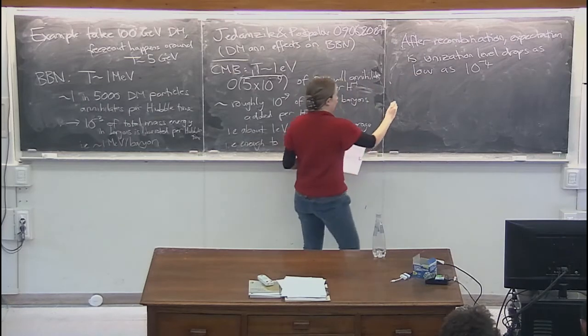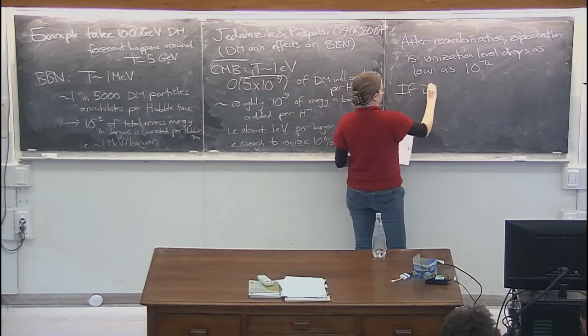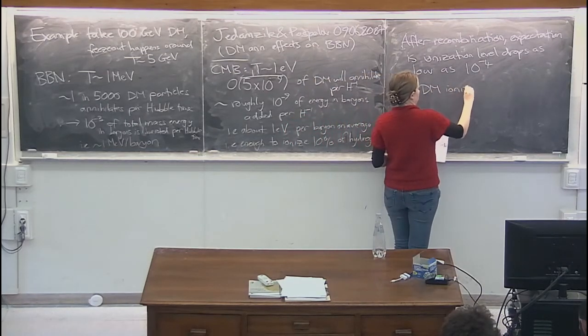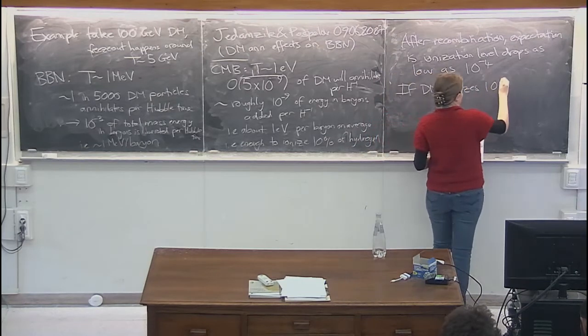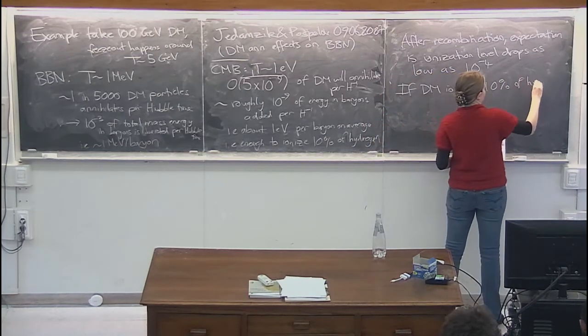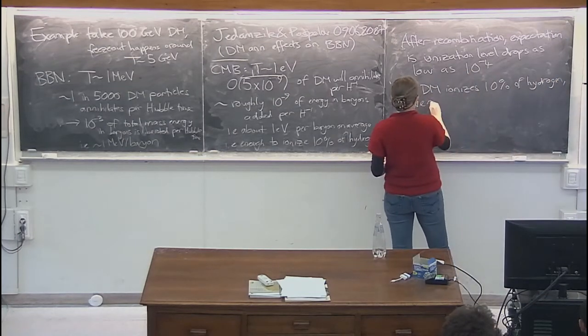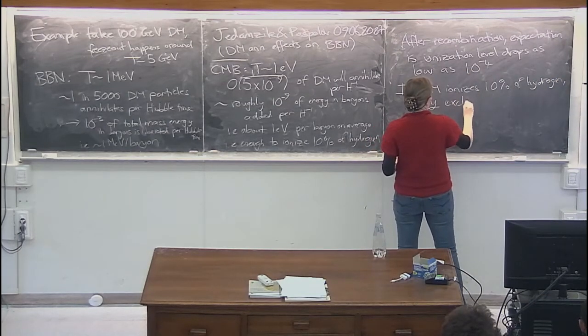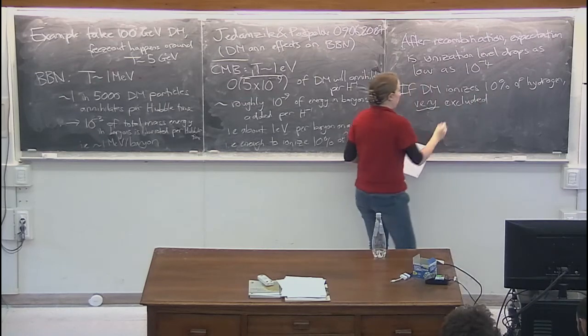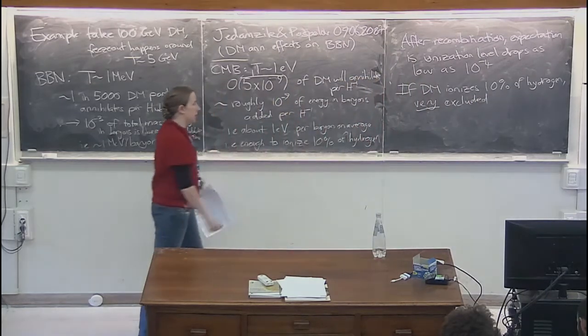So if DM ionizes 10% of hydrogen, this is very excluded by just measurements of the CMB.